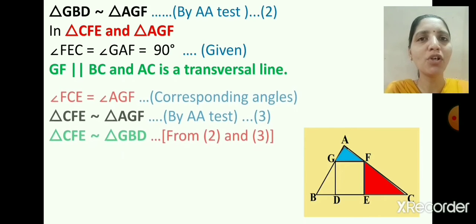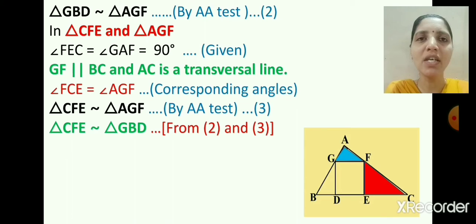Then what you'll get? Angle FCE is equal to angle AGF. Reason is corresponding angles. Therefore triangle CFE is similar to triangle AGF by AA test. Write this as equation 3.